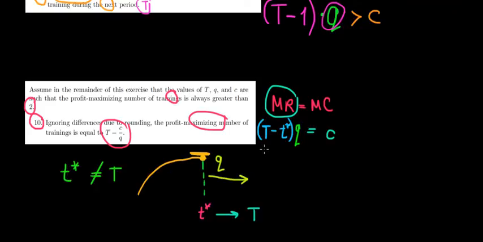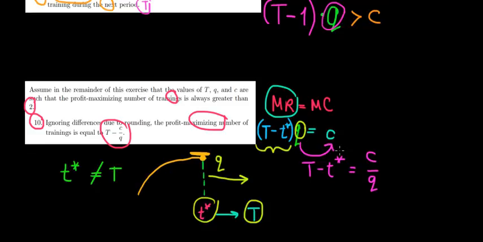In other words, what we wrote over here, the difference between the optimal number of trainings and the retirement periods is gonna be the benefit to the company, because the worker produces additional quantity, additional output. Now, what we're looking for is the optimal number of training, so we're looking for this T star. Let's calculate T star, which is going to be T minus T star equals C divided by Q, because we would take Q to the other side.